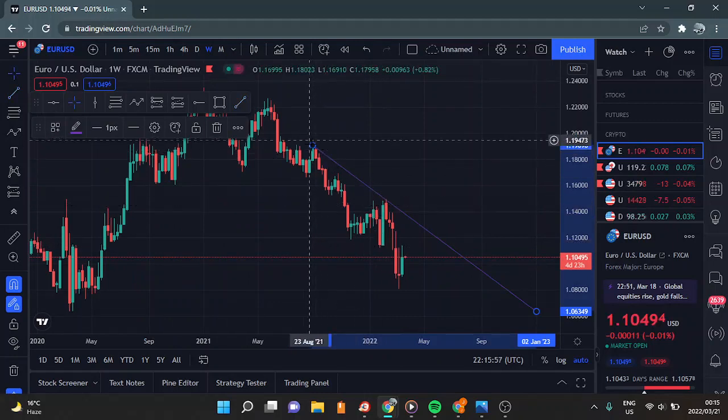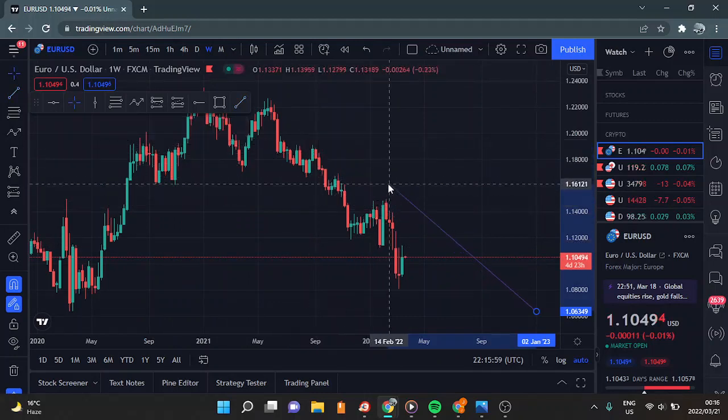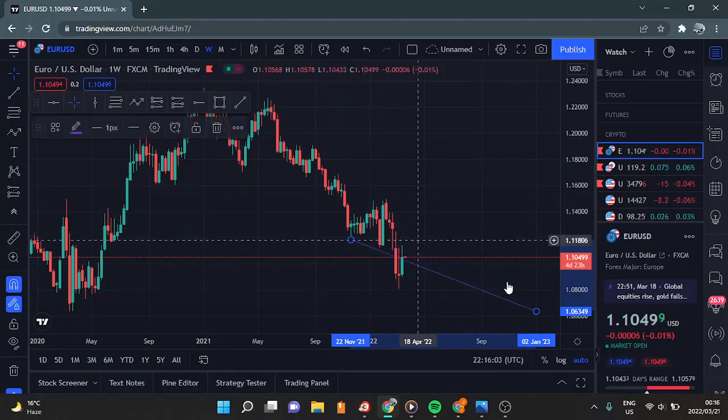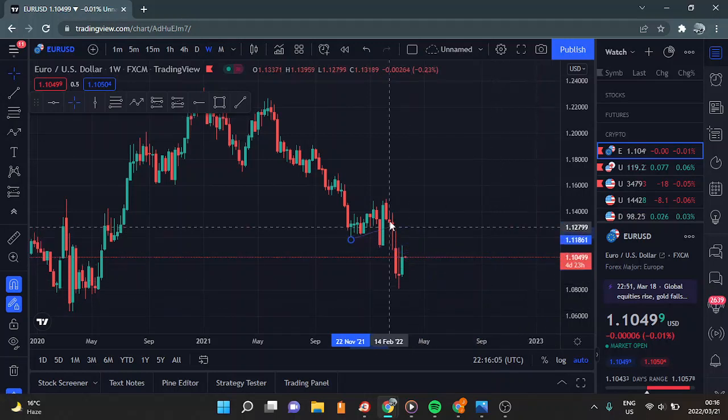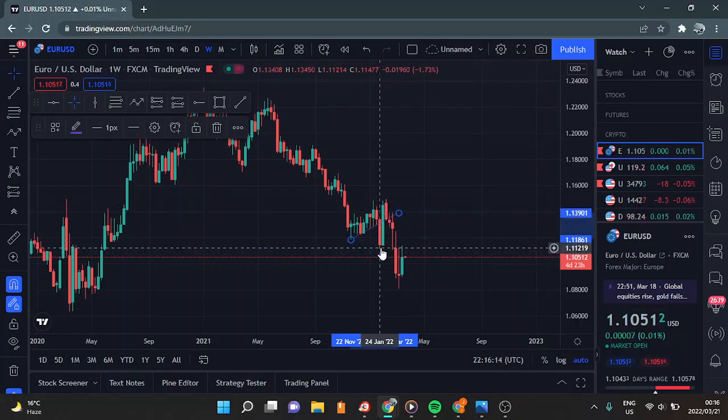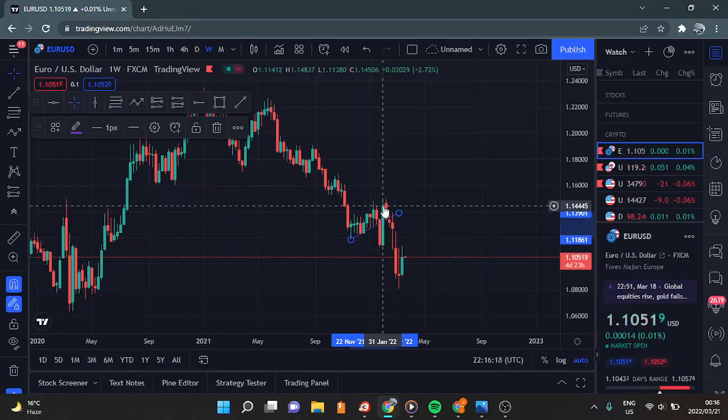I'm going to use this one since I like to keep my chart clean. I'm going to put it here, since the market broke out of the structure, then went back into the structure. So I can't use this one, since it broke out of the structure then went back in.